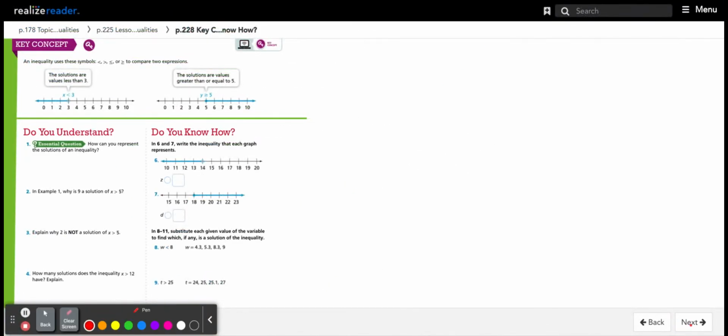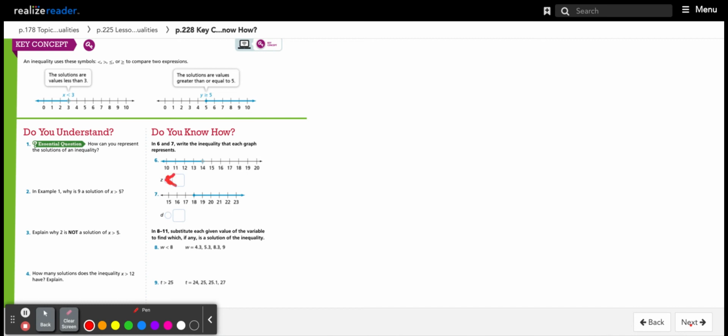Well, let's look at what's shaded in. All numbers to the left of 14, 13, 12, 11, 10, those are numbers less than 14. So we are going to have z is less than.